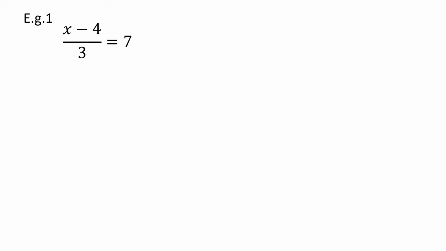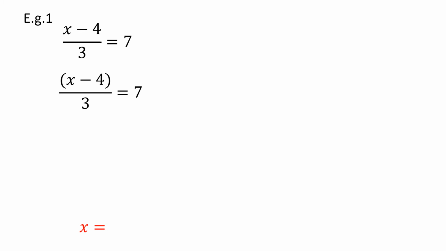Here's another example. This time we've got x minus 4 divided by 3 is equal to 7. So again, we need to recognize that we are dividing the whole of x minus 4 by 3. I'm going to remind myself of this by putting it in brackets to show that we're dealing with that as one unit. We could even give it a different variable name if we wanted to.